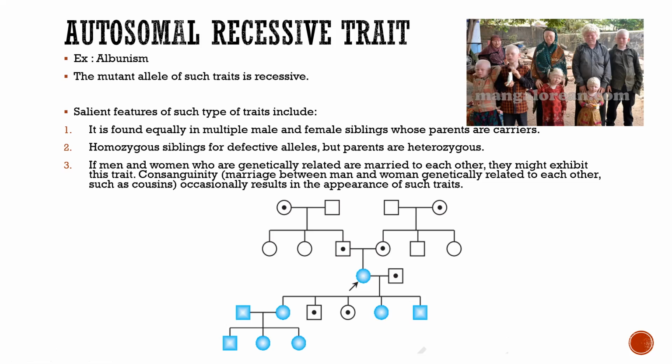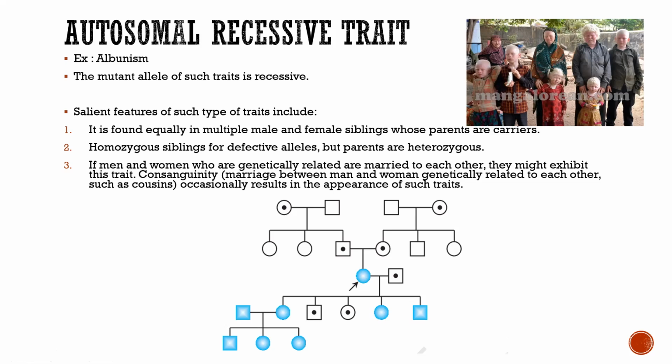And what are the features of this character? It is found equally in multiple male and female siblings whose parents are carriers. Here you can see the parents are carriers. This is a symbol which indicates a female who is a carrier.